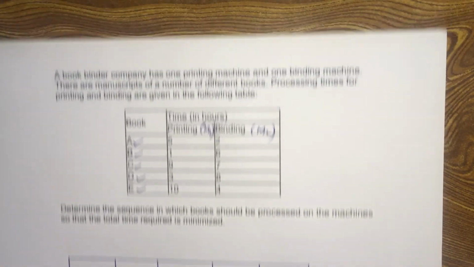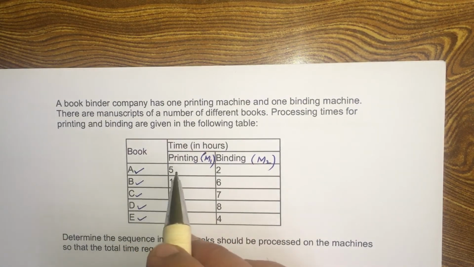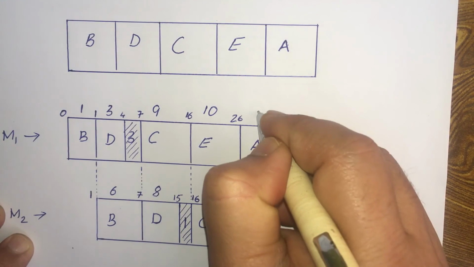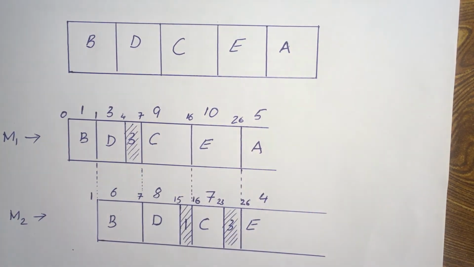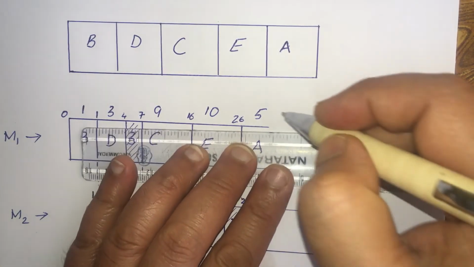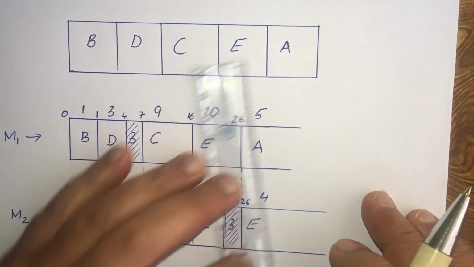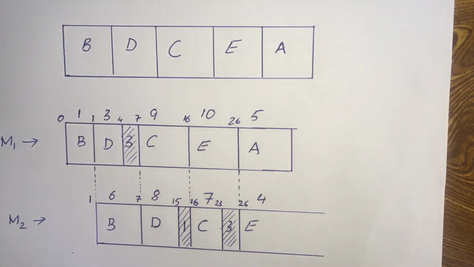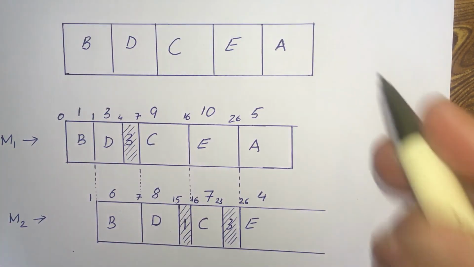And how much time does A take in M1? 5. So 26 plus 5 is equal to how much? 31.